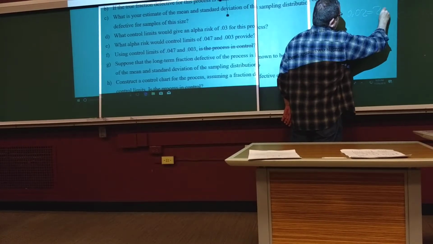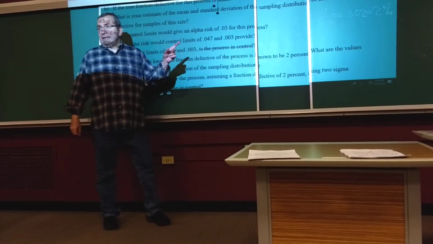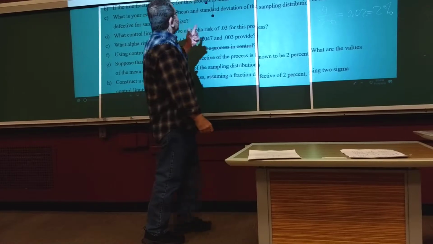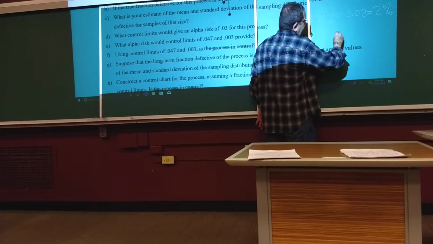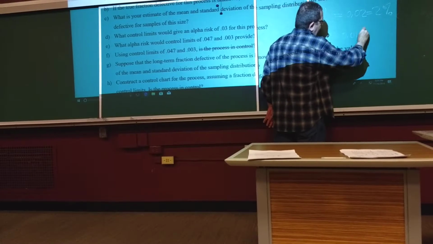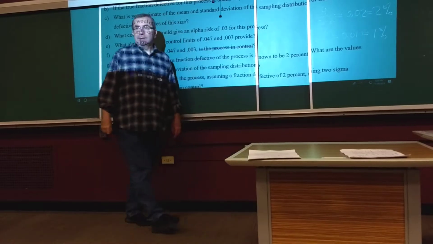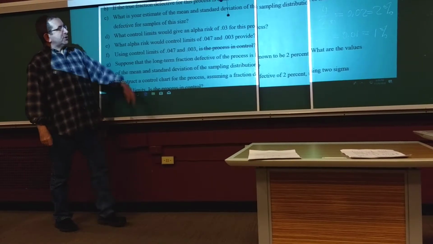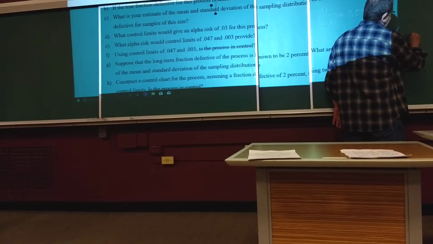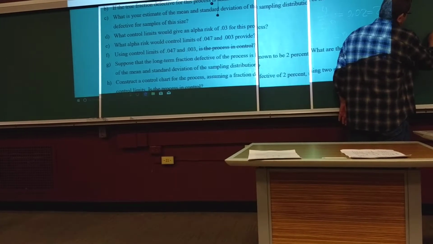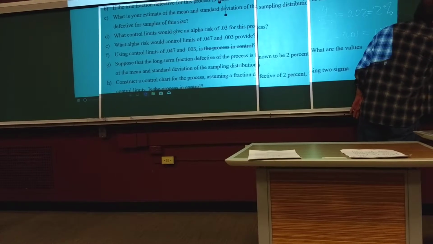So 0.02 or 2%, okay, in the first sample. In the second sample, it's going to be 2 divided by 200. So that's going to be 0.01 or 1%. Okay. In the third sample, it's going to be 5 divided by 200, 0.025 or 2.5%.